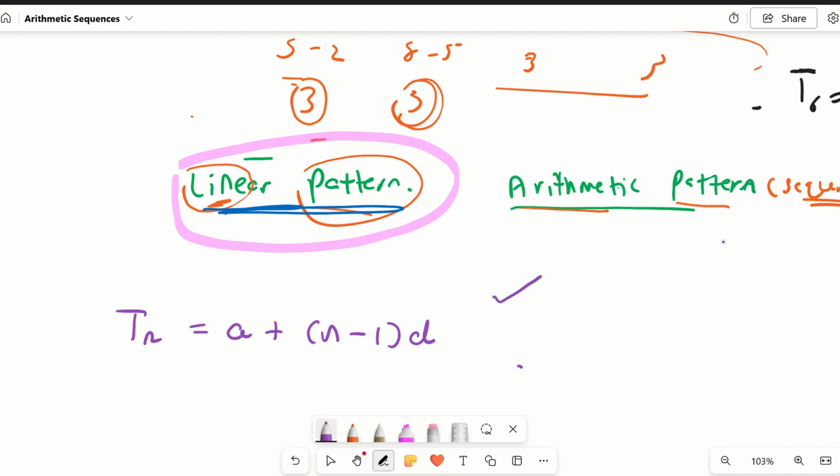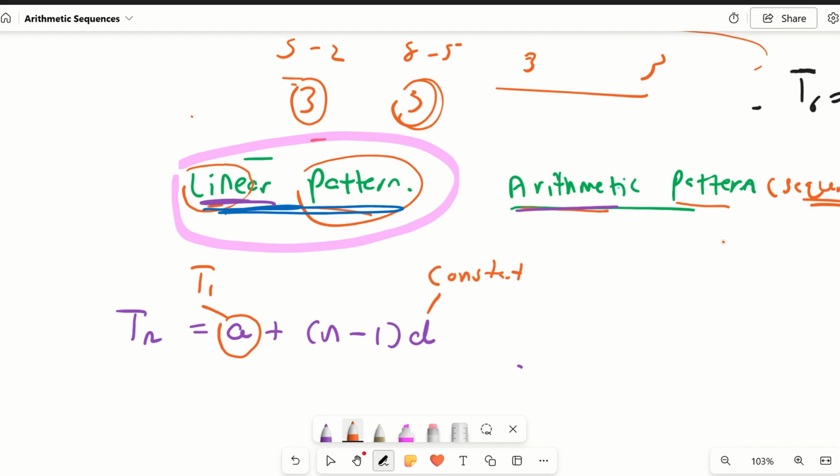This formula or shortcut, I repeat, we only use it when we are dealing with a linear sequence or arithmetic sequence, a sequence where you add the same number between successive terms. That's the only time you use it. From this formula, a represents the first term, the first member of the sequence, while d represents the constant difference.